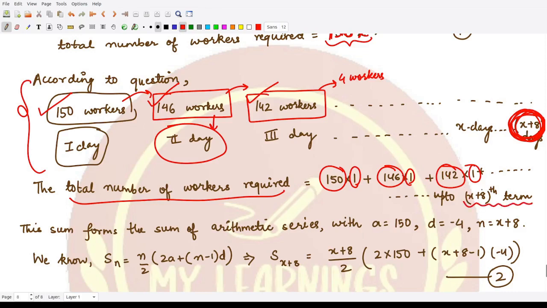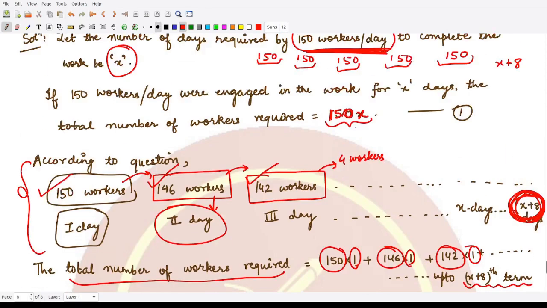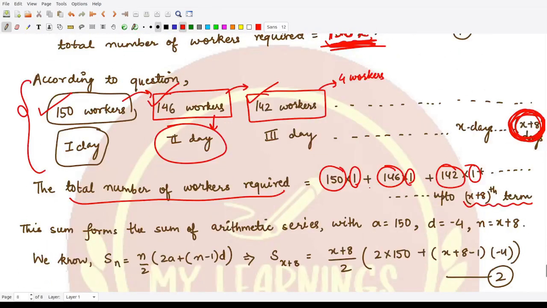And this sum would be equal to the earlier one, because overall our work has to be completed. Here it is completed in 150x, and here it is completed in the sum of this series.